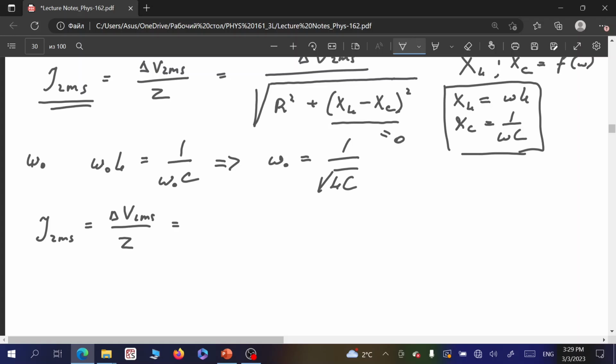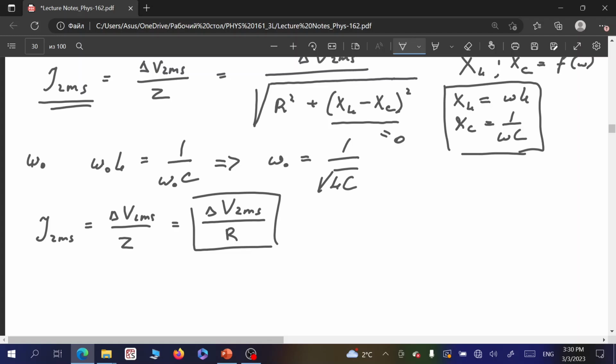So under resonance conditions, or at resonance frequency, this will be V RMS divided by active resistance R. This is the expression for the maximum current which can flow through an AC electric circuit where we have a resistor, inductor, and capacitor connected in series.